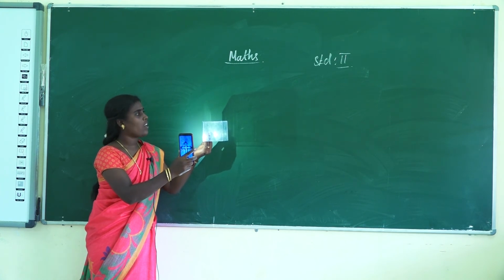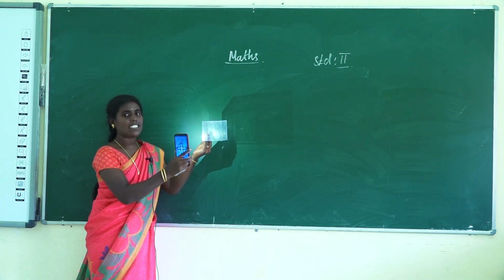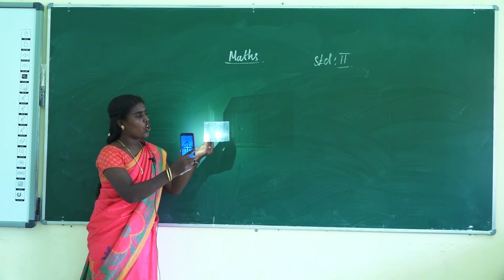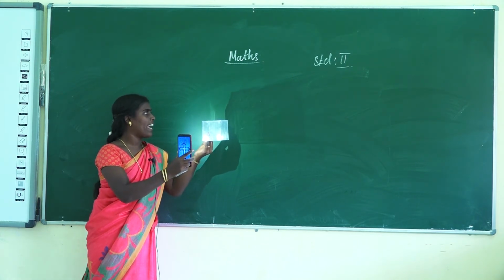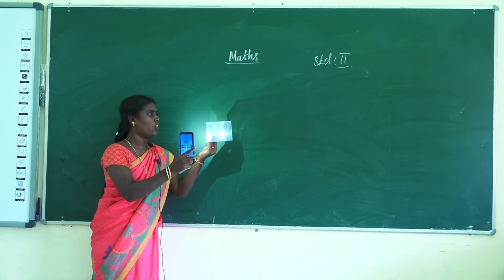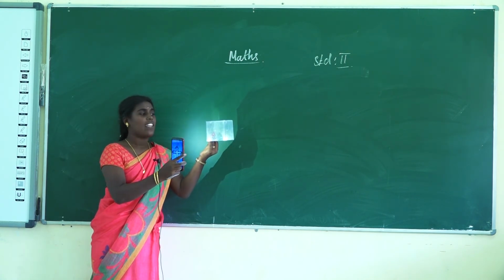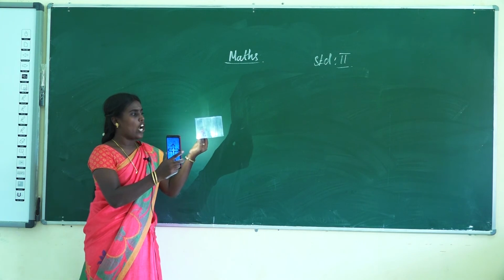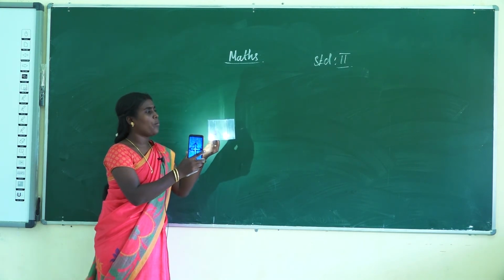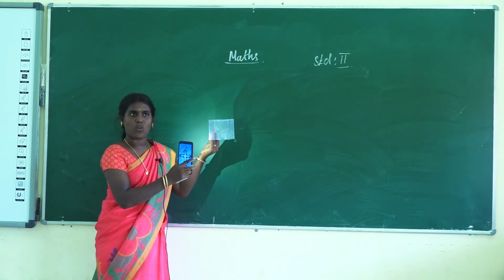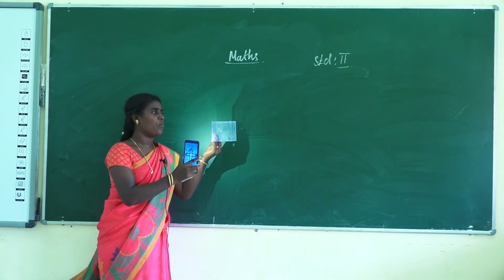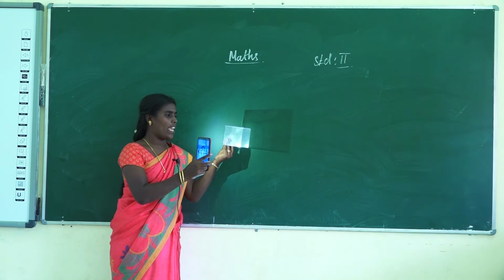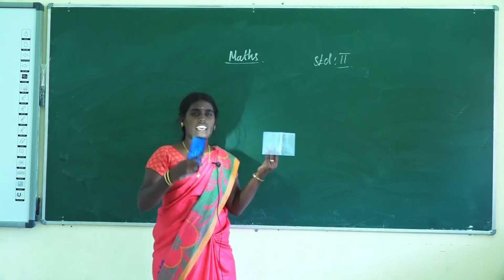That is square. The shape of the shadow of the cube is square. Okay, the same thing.